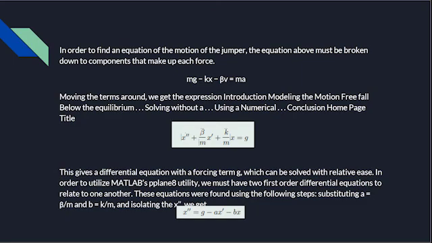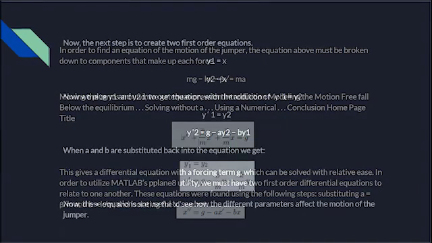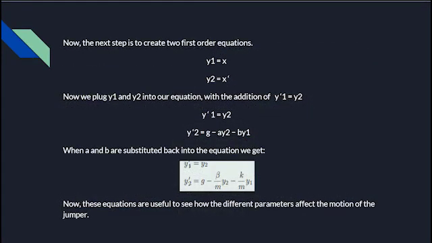First, substituting a equal to beta over m and b equal to k over m, and isolating x double prime, we will get x double prime equal to g minus a x prime minus b x. Now, the next step is to create two first order equations, which is y1 equal to x and y2 equal to x prime.